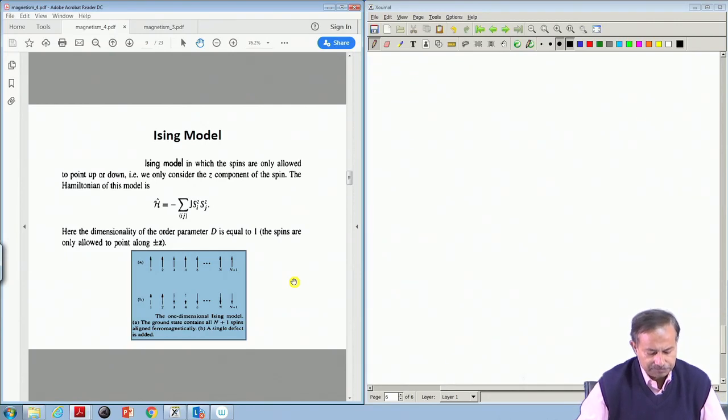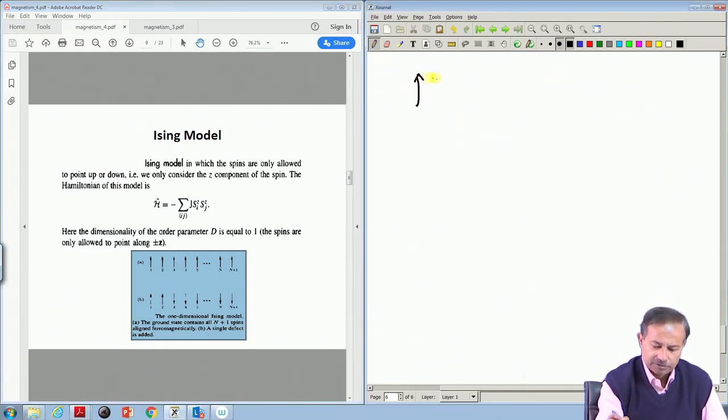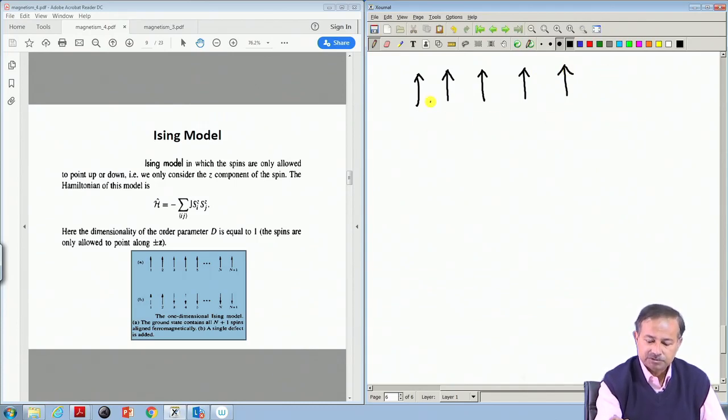You can have a situation like this. All spins are up. This is in one spatial dimension, because your spins are aligned along one direction. If I had a two dimensional model, I have to put spins here also.